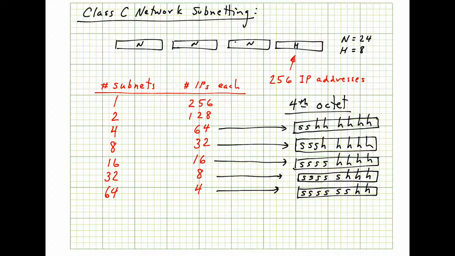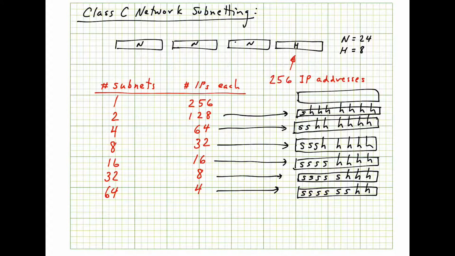I suppose I can go back here and do the same little thing for only one subnet bit and 7 host bits, and finally the original Class C network with 8 host bits in the 4th octet. Okay, this is the 4th octet.